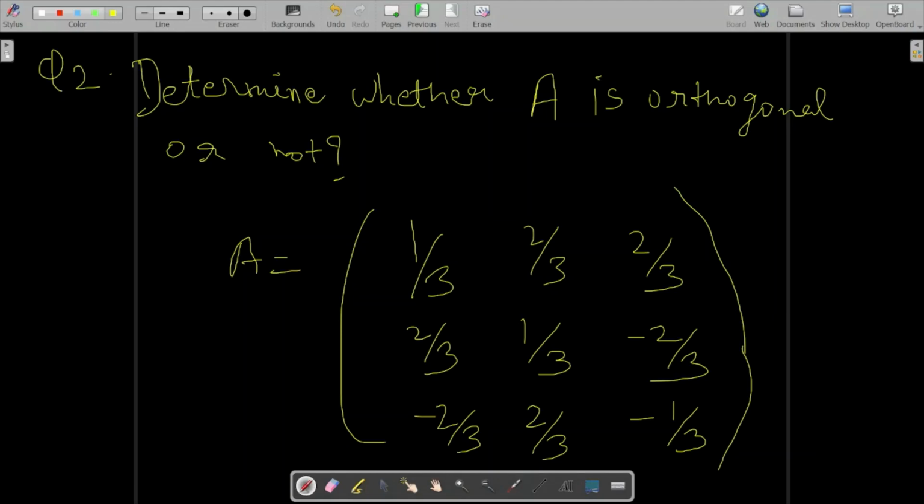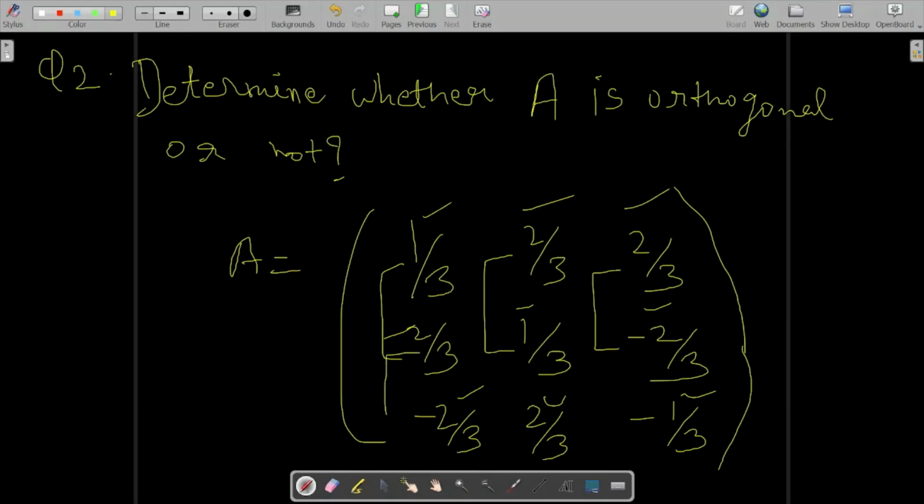So it is very clear that you will square this, square this, square this and add them. It should be equal to 1. Then square this, square this, square this and add them. That should also be equal to 1. Square this, square this, square this and add them. This should also be equal to 1. Then product of these two plus product of these two plus product of these two, that should come out to be 0.